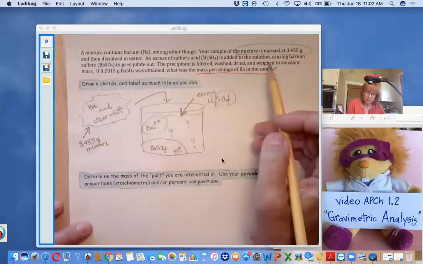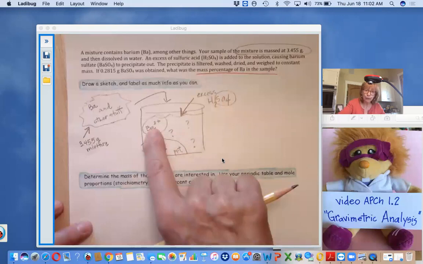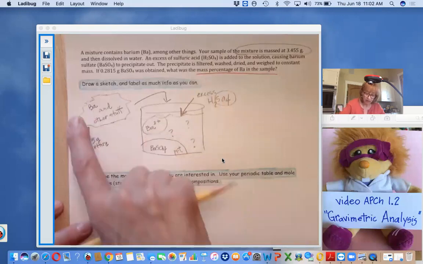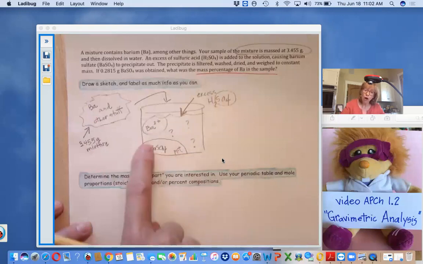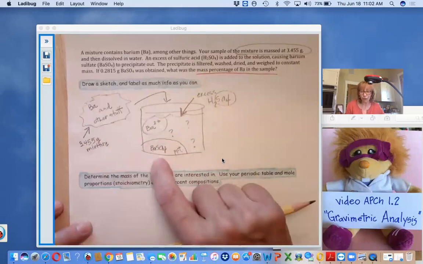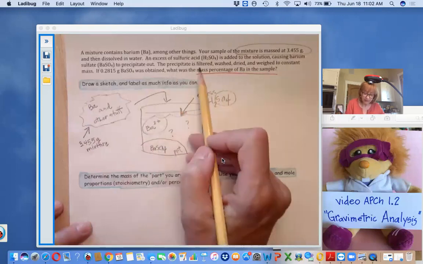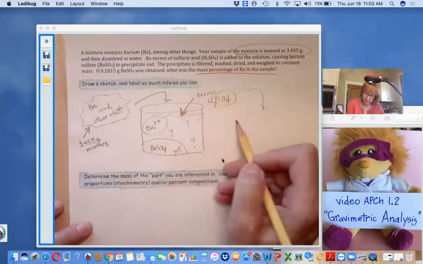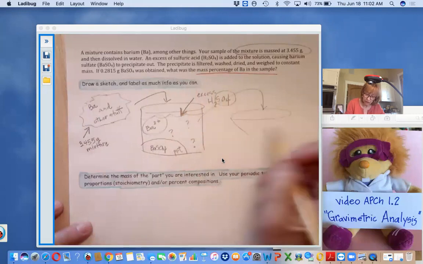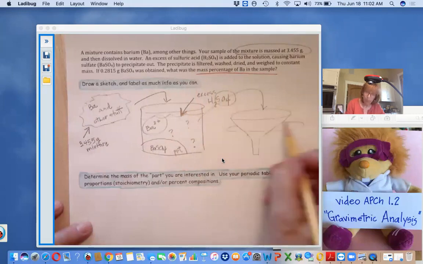This precipitate that was formed is going to stay solid. It's not going to disappear back into solution. So now I have all of the barium that came from the mixture and it got dissolved. Now all of this barium has been trapped in a new compound that has a formula. The next thing I'm going to do is take this whole mess and pour it through a filter that's lined with filter paper.